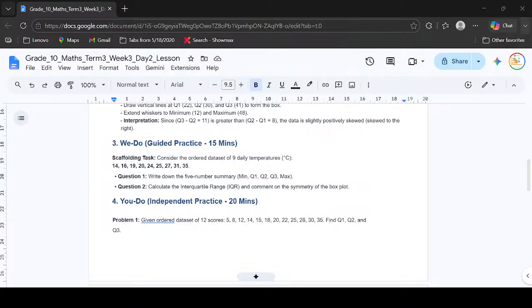Minimum, Q1, Q3, maximum in the sky. Q2 is the median, cutting down the middle. But watch the total count. Here comes the riddle. Count the numbers up. Is it odd or is it even?